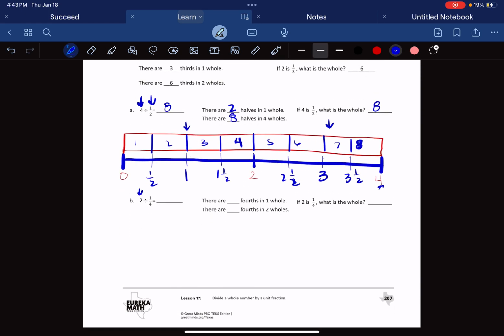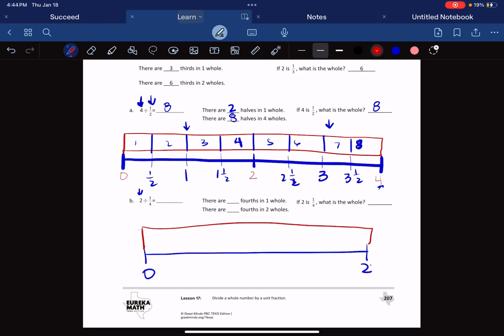They want me to start with 2, so let's make my number line a little bit lower. So 0 to 2. I'm going to draw my strip diagram. I like to attach it to the number line so I make sure everything's set up right. If I pretend that this whole thing is a whole, and I cut it into fourths, I would have 4 total sections.